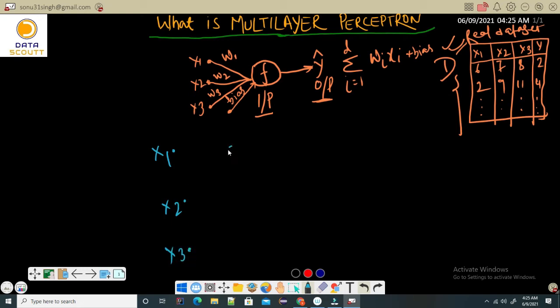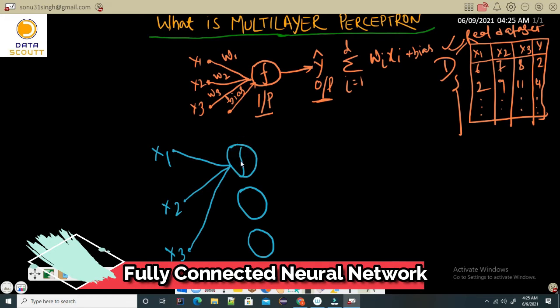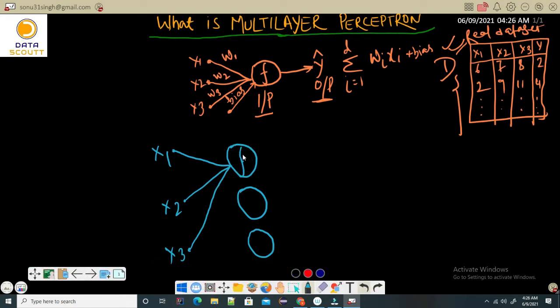Let's say we have these three neurons which are getting connected. So our input is fully connected. What does fully connected mean? It means these three features get connected to this neuron, which has an activation function. Again, to the second neuron all three features are connected, and to the third neuron, again these three features are fully connected.